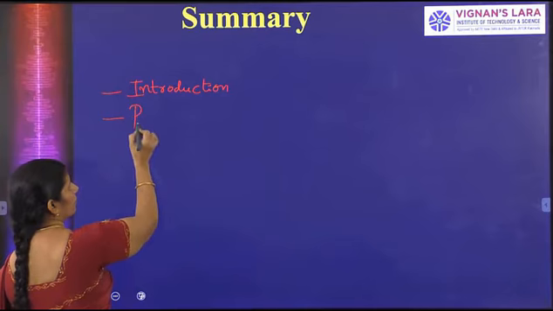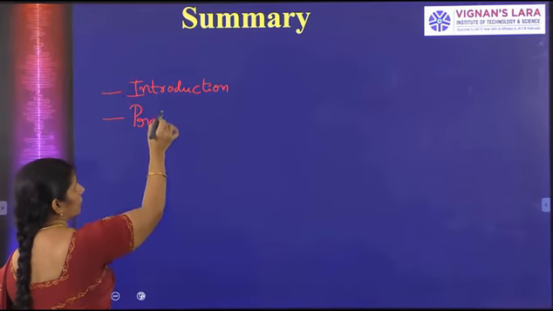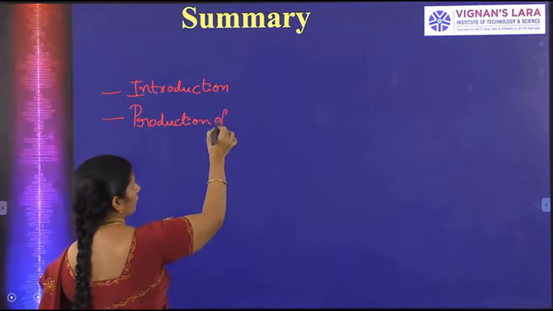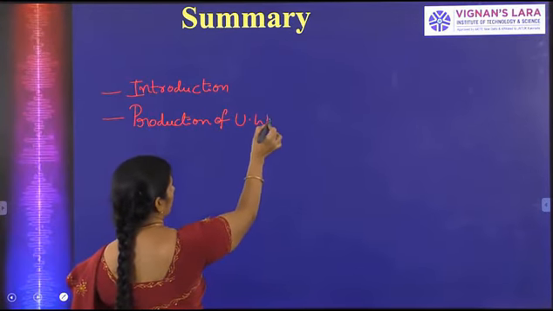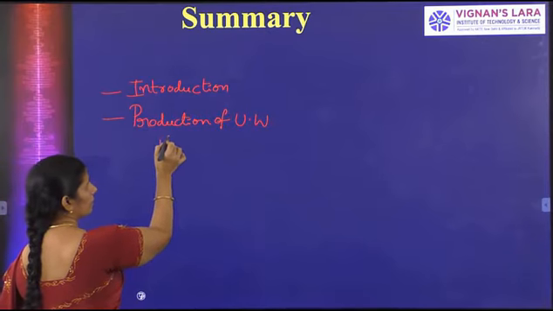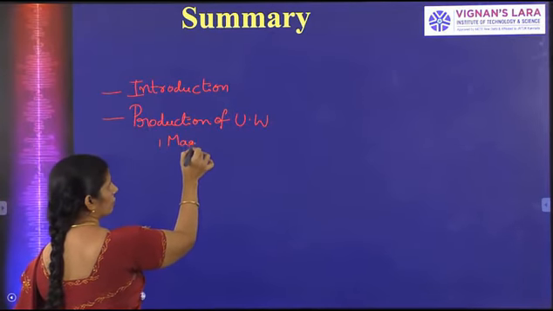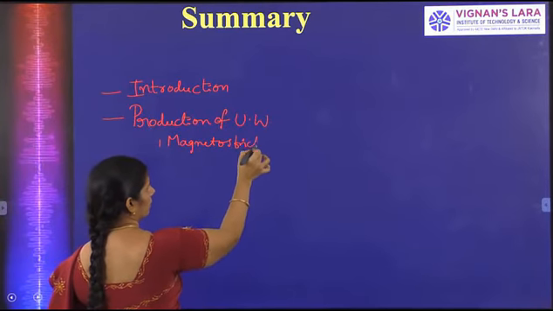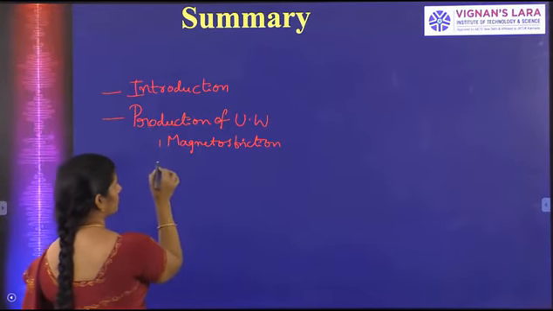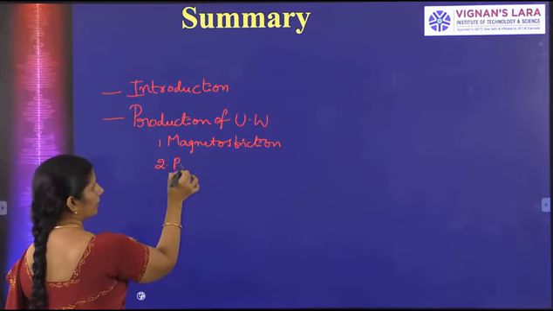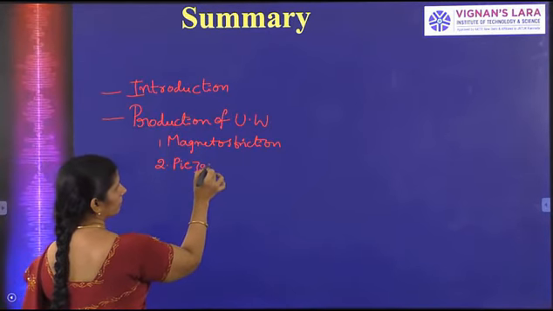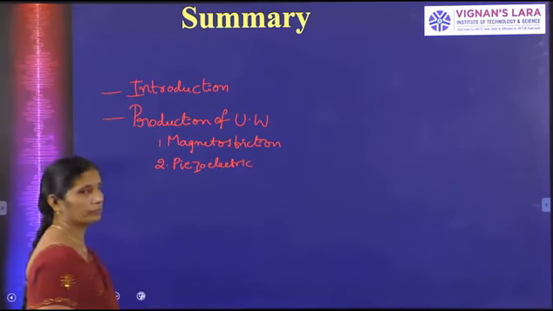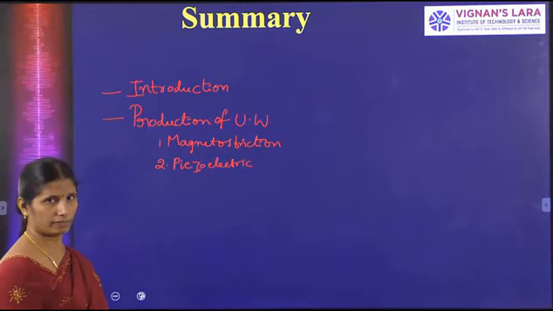In the next topic we discussed the production of ultrasonic waves using two methods. The first one is the magnetostriction method, and the second method is the piezoelectric method. Using these two methods, we can produce ultrasonic waves of various frequencies.